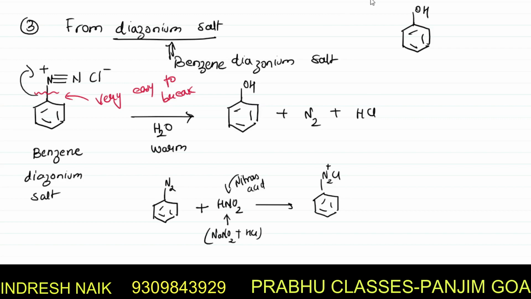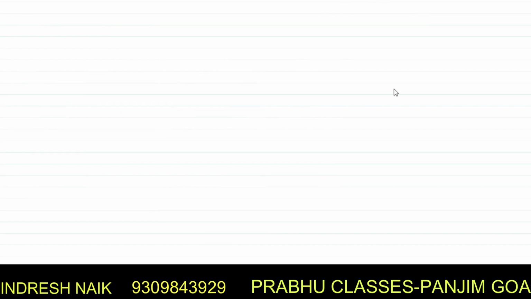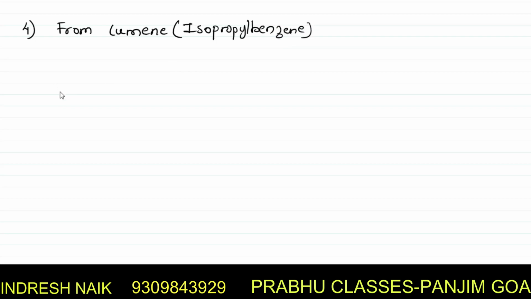Next is preparation of phenol from cumene. Now, what is the meaning of cumene? Cumene is isopropyl benzene. So I will write this isopropyl benzene. How does it look?